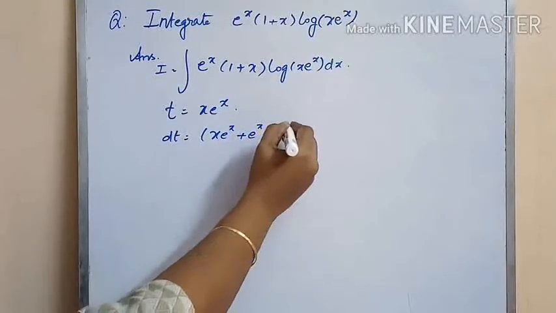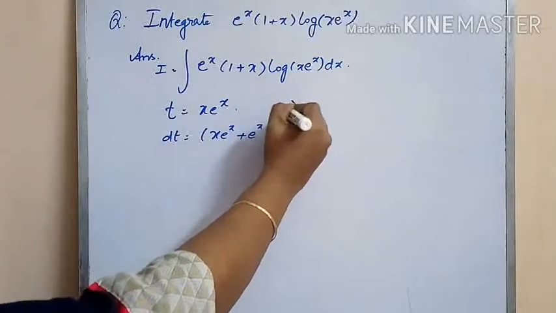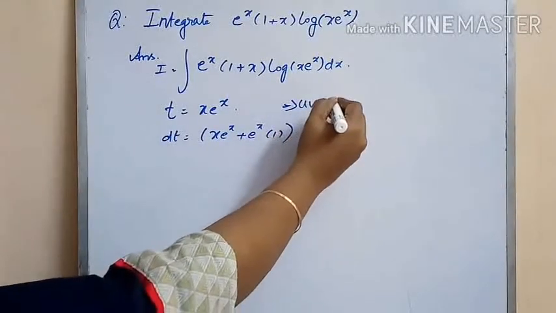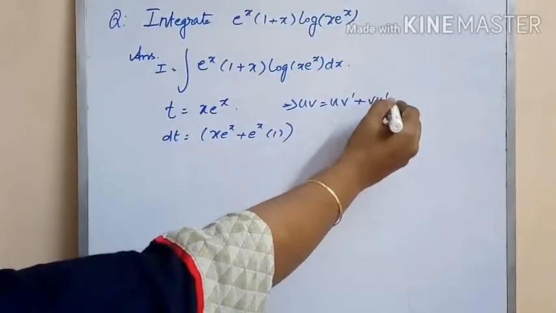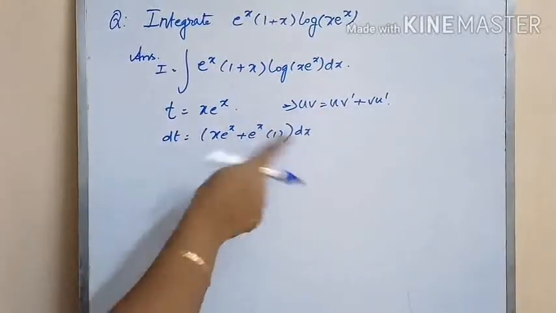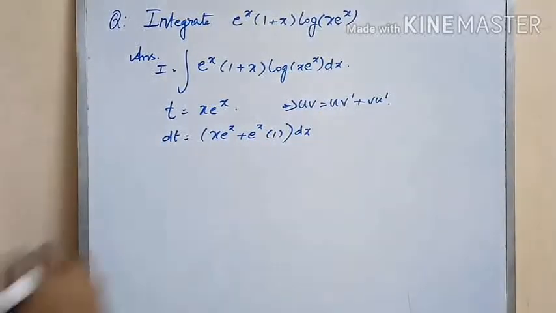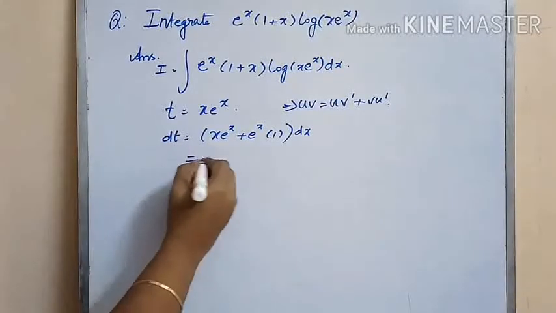we are differentiating using the UV method. UV is equal to UV dash plus VU dash. So we get the differentiation as x into e to the power of x plus e to the power of x into 1 into dx.